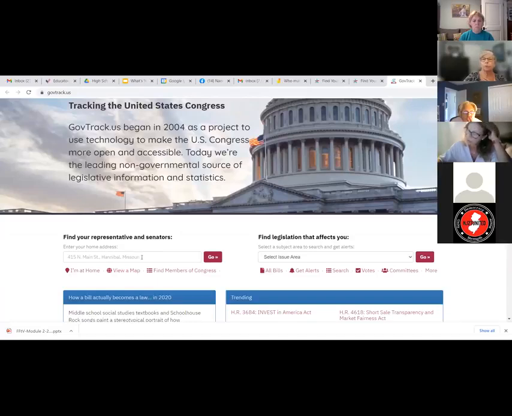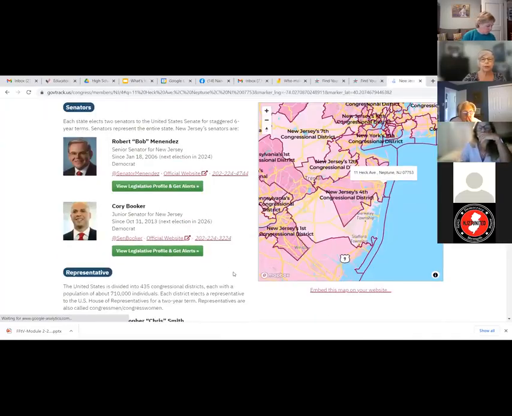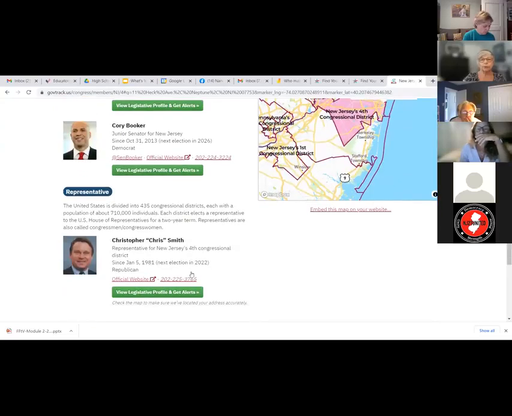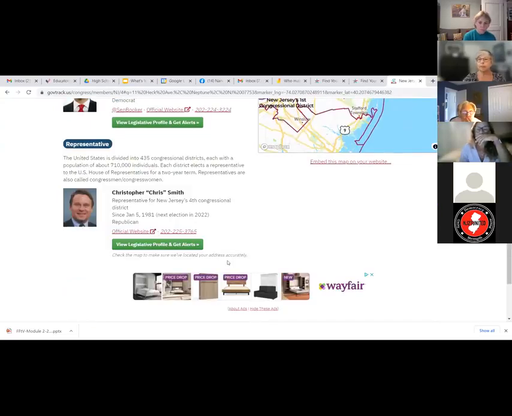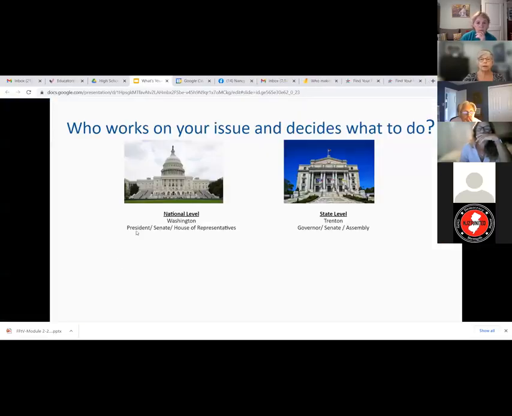And again, you can put in your personal address. If you scroll down and hit go, you'll find each one of your representatives, and you can click on legislative profile and get alerts, and you'll find out what your representatives have voted on recently. Give you a second to take a look at that.